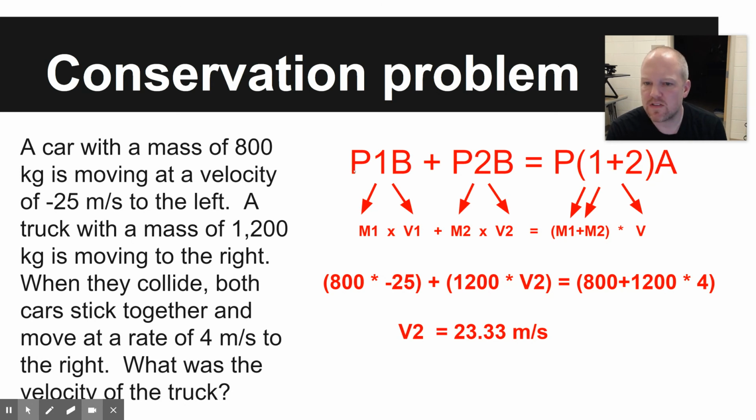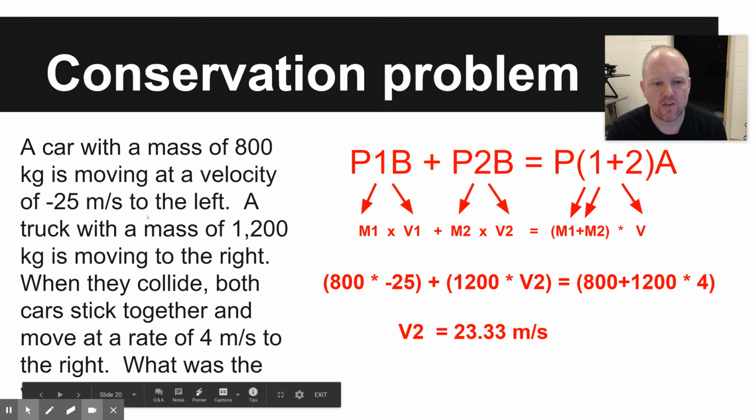Two, to write out that situation shorthand using P1, B, 0, A, 2, all those different variables that we talked about. Then figure out what you need to solve for, momentum or impulse, depending on the circumstance. Then set those before and after equations equal to each other because momentum is conserved. And then you can solve for the one unknown variable, which was the velocity of our truck before the collision.